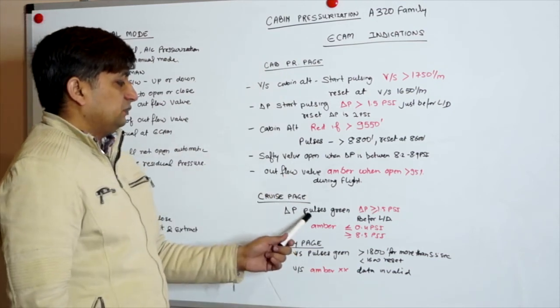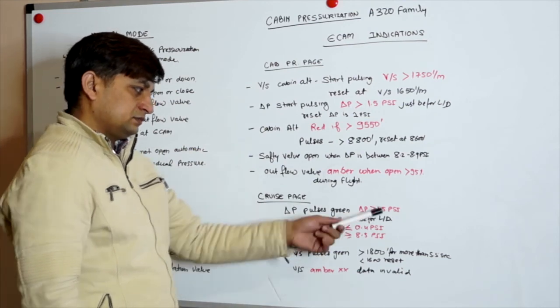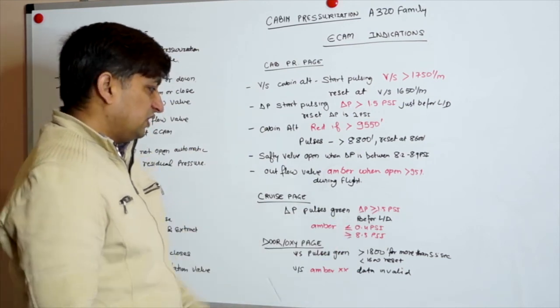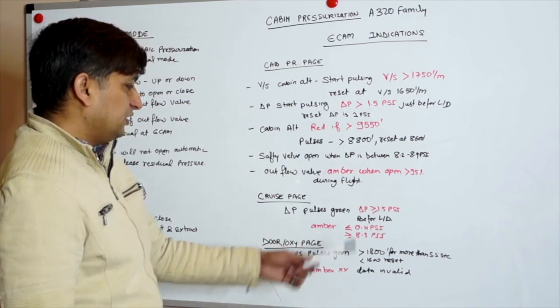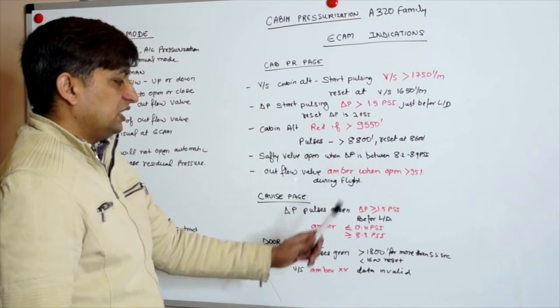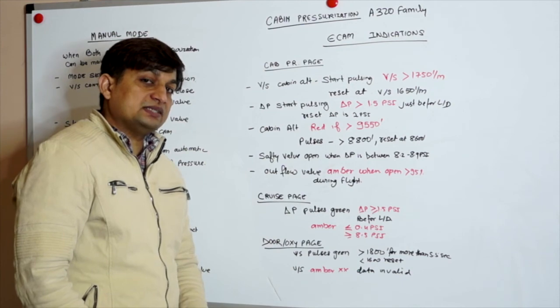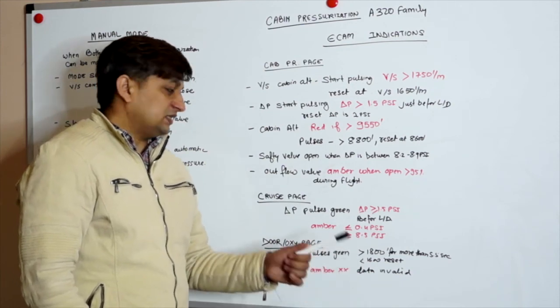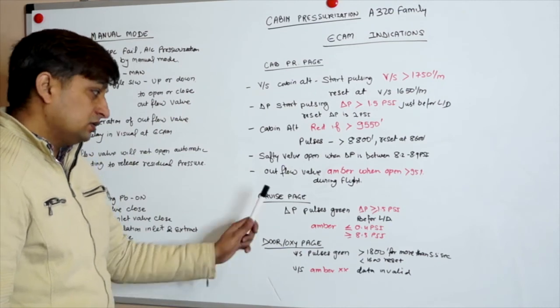And it will become amber if it is less than 0.4 psi or more than 8.5 psi. Either less than 0.4 psi or more than 8.5 psi, it will become amber, on the cruise page.